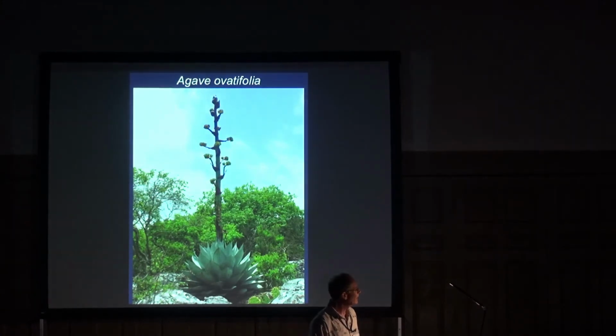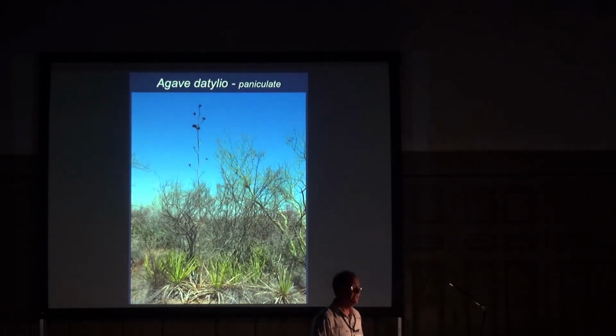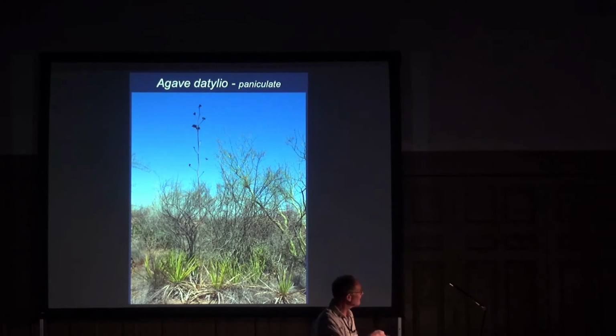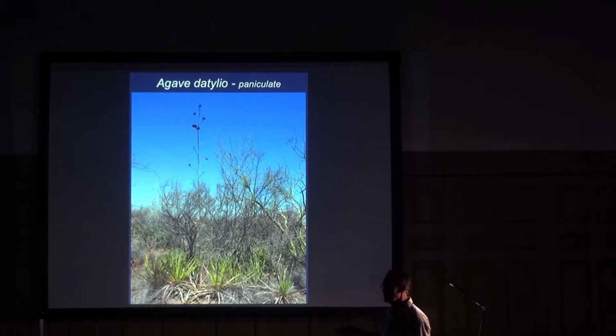Same with ovatifolia. It's got big broad leaves, and yes, it does have a paniculate inflorescence. Agave datilio, on the other hand, has a paniculate inflorescence, but it's got very narrow leaves, which you'd more commonly associate with the spicate type of inflorescence.